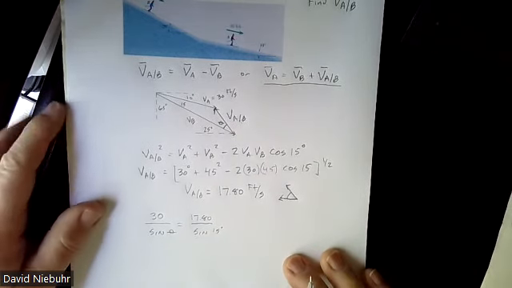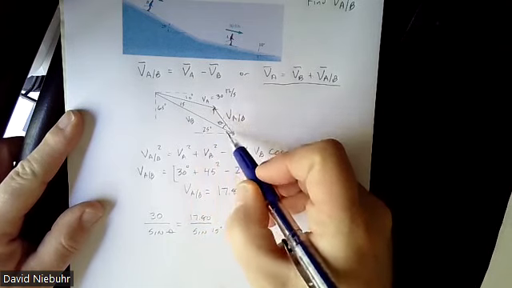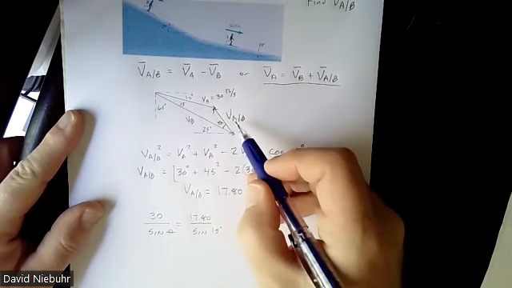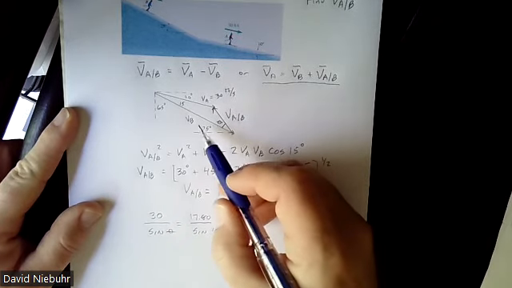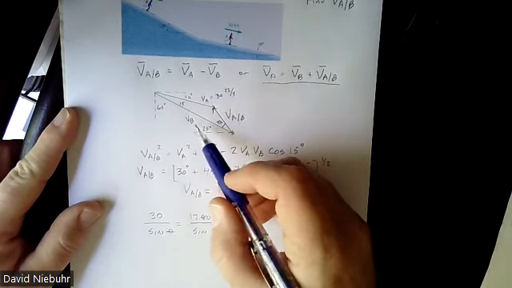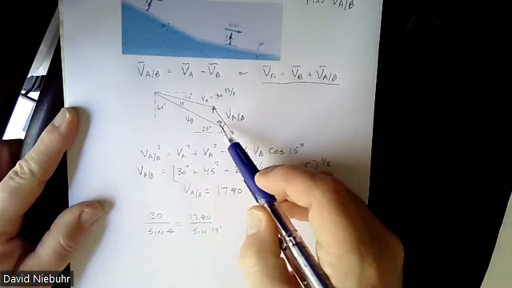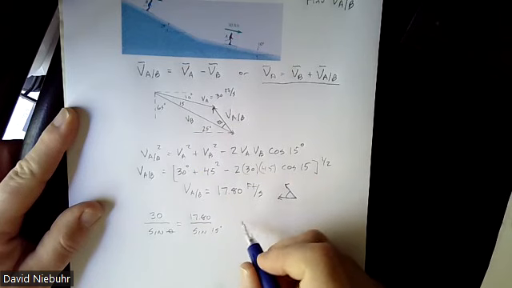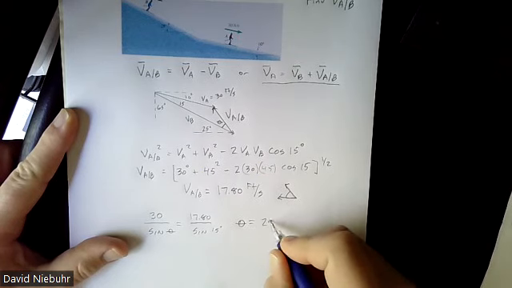All I did was look at this opposite side. I knew that angle, I knew that magnitude from here, and I knew velocity of A, which was the opposite side to that angle there. So I get an angle theta equal to 25.85.